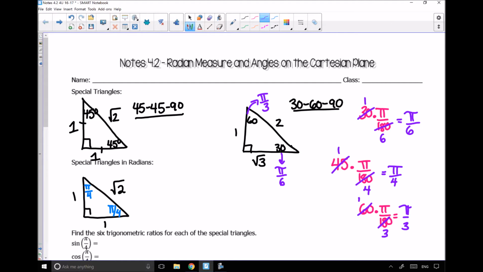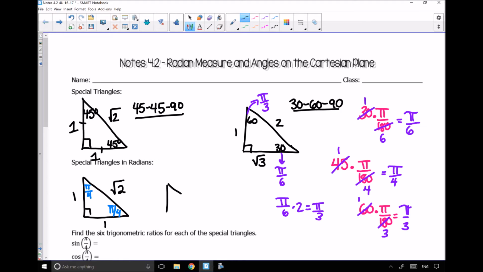But one thing I want you guys to realize is if this is 30 and this is 60, this is twice as large. So if I have pi over 6, when I double it, I should get pi over 3 as my answer up here. Okay, so my triangle right here is going to be the same ratio of sides. Let me draw this a little bit better.